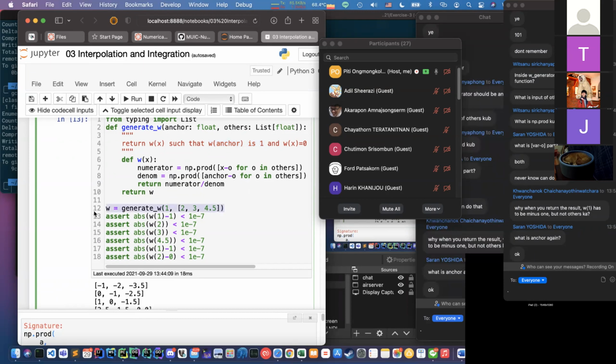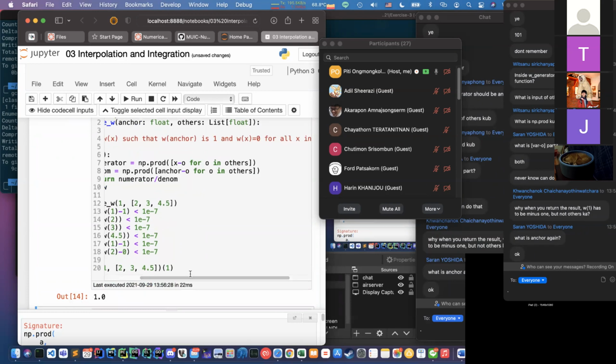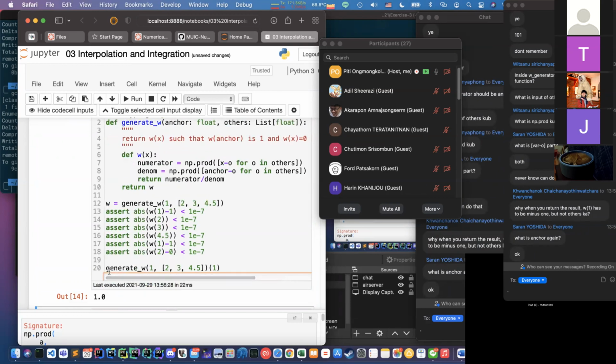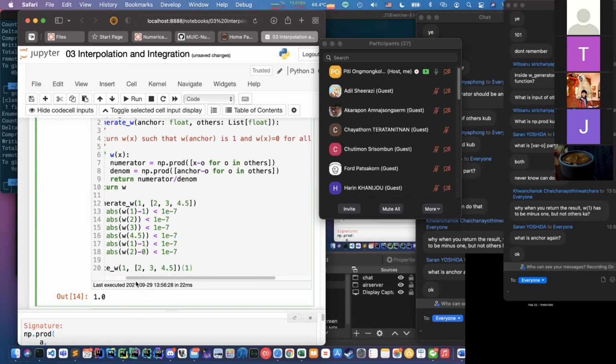Or if you want to be cool, you can do this as well, except it's going to make your life much harder. You can do this. That works too. Except you're going to get so confused. Why are there 2 parentheses? But if you think about it, that's how it works, right? Because this guy returned a function, which takes in another argument and gives me a number.